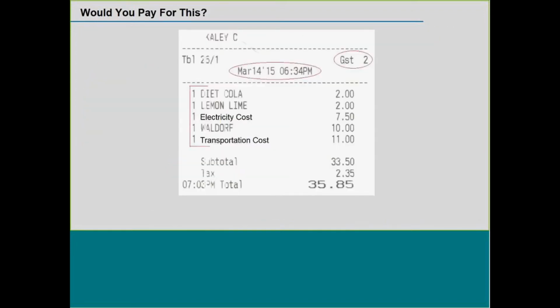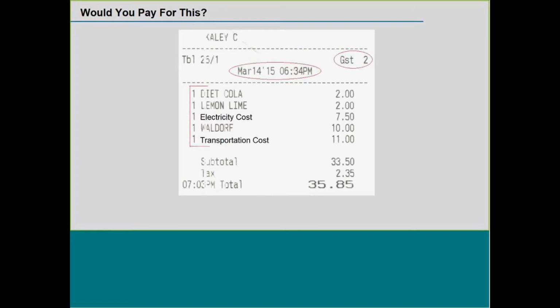But if we think about this in a different sort of way, what if Tim Woods was identified on your receipt? What if the cost of electricity to keep the food or the fruit frozen was on your receipt?